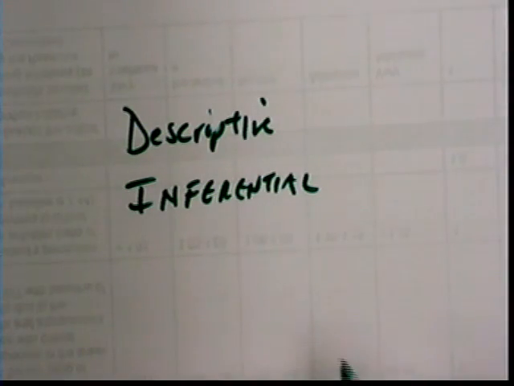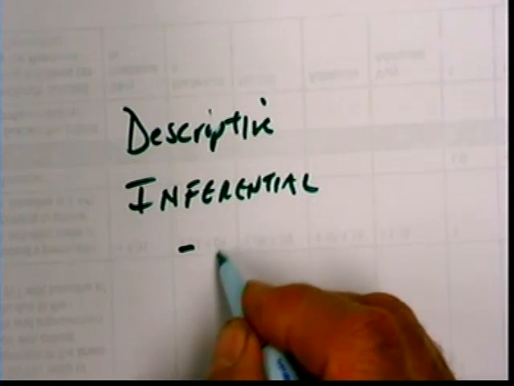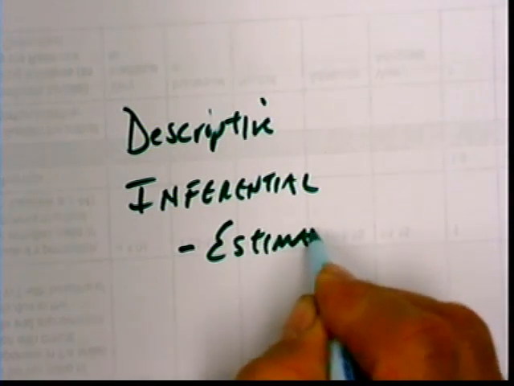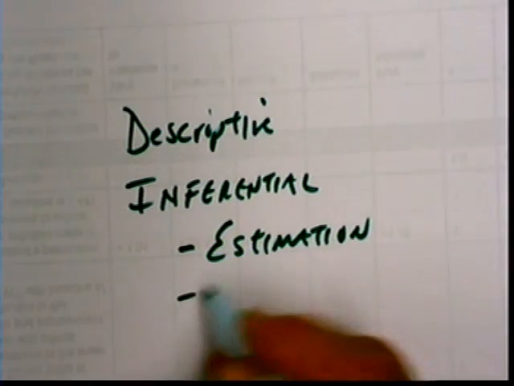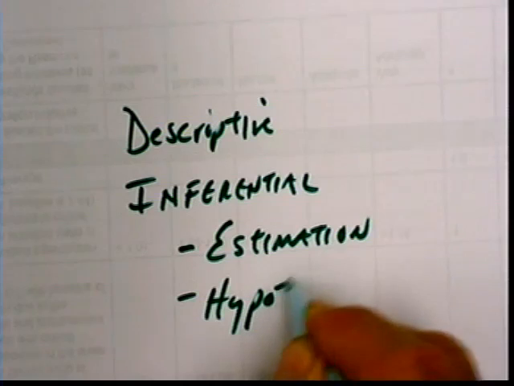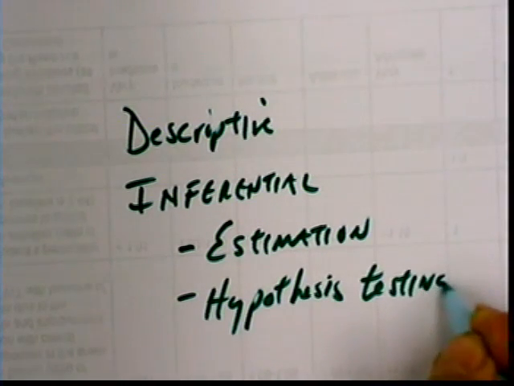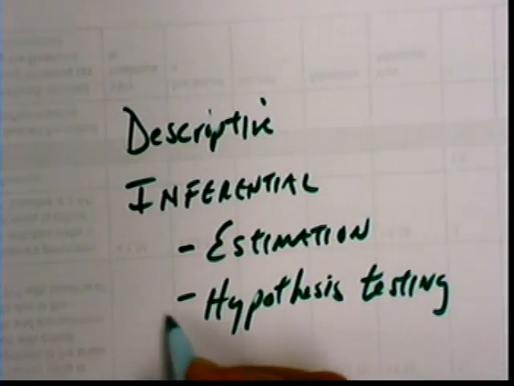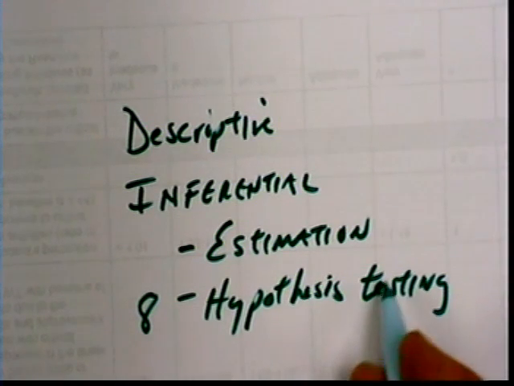And in inferential statistics, there are two groups, or two categories: estimation and hypothesis testing. Hypothesis testing we're going to get into in Chapter 8 and go with that through the rest of the course.